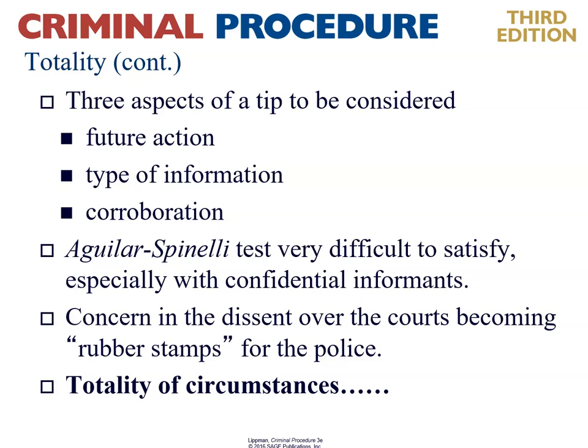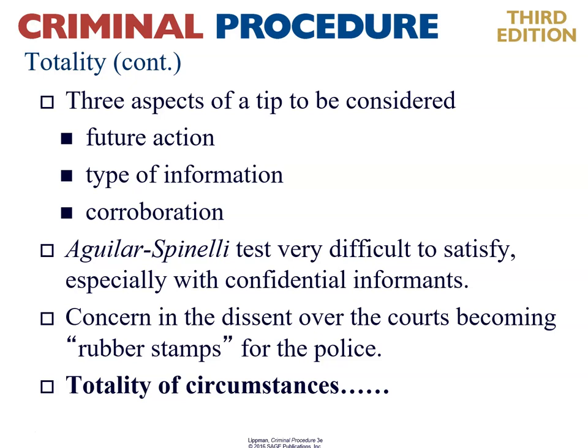Now, three aspects of the tip we're going to talk about are important in understanding the court's conclusion that there was a substantial basis to conclude that there was, in fact, probable cause to search Gates's home and car.